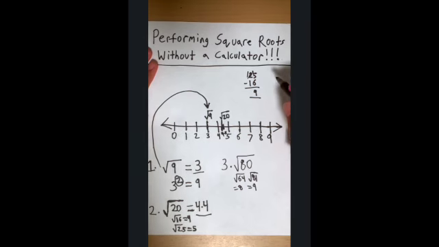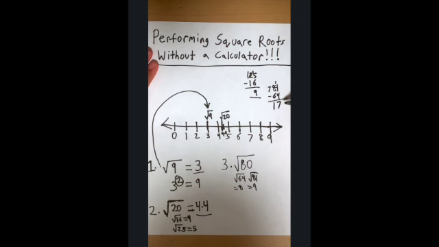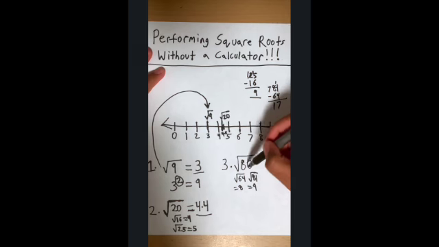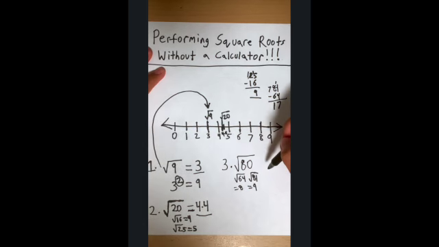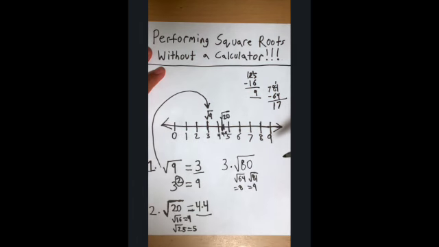Taking the difference between 81 and 64, we get 17. The decimal value won't be very accurate, but since 80 is really close to 81, it's most likely going to be at least above 8.9.